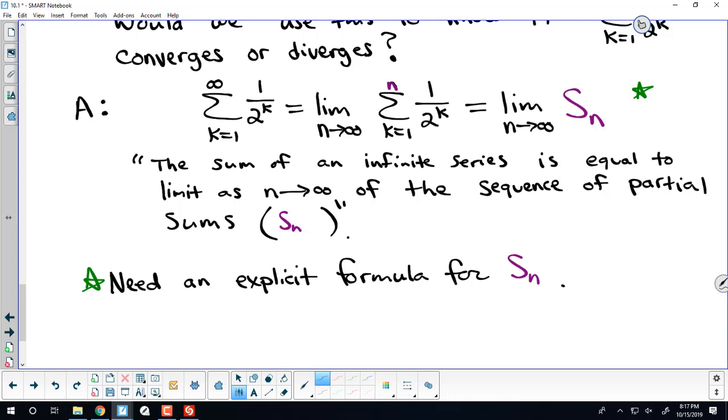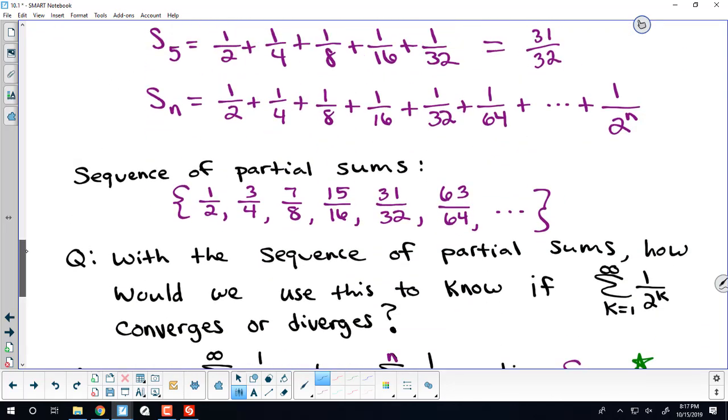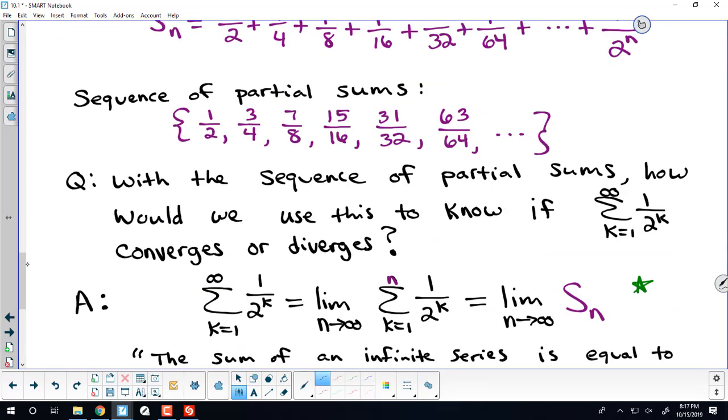So can we find an explicit formula for that sequence that we wrote out? 1/2, 3/4, 7/8. It might be helpful to remember that this was your first partial sum, this was your second, this was your third, and so forth.